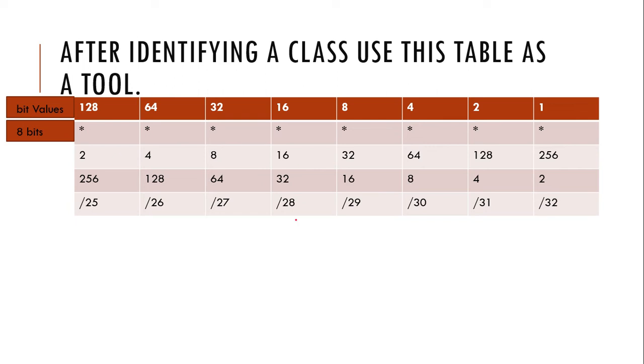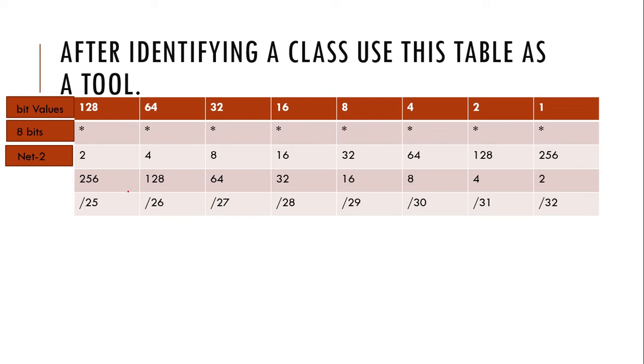Then, in order to get our networks, we start from the right, but now we don't start from 2 to the power 0, we start from 2 to the power 1. Then 2 to the power 1, 2 to the power 2, 2 to the power 3, until 2 to the power 8, until our very last bit here.